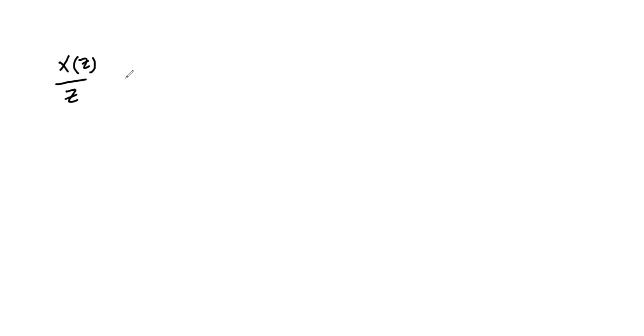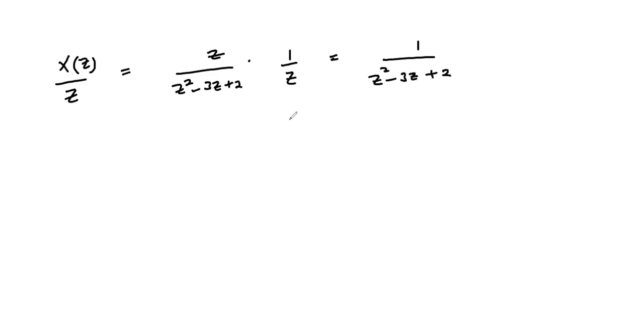Our x of z over z can be written as z over z squared minus 3z plus 2 multiplied by 1 over z, which is 1 over z squared minus 3z plus 2, which we can write in partial parts as a over z minus 1 plus b over z minus 2, having the factors of the denominator being z minus 1 and z minus 2.